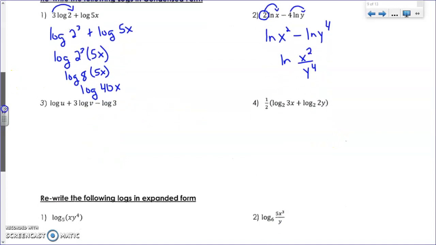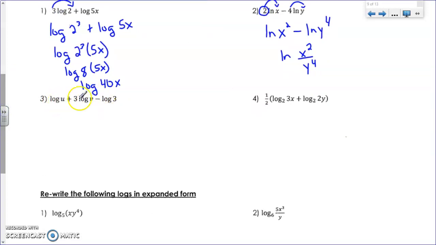Okay, so let's move here. We've got 3 different logs, all the same base of 10. So we're going to have log of u, plus log v to the third, minus log of 3. Just like order of operations, you work left to right. So same thing with this. Log u plus, that's going to be multiplying.